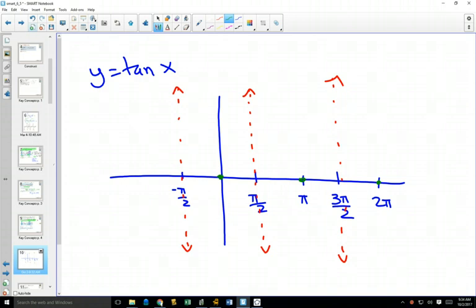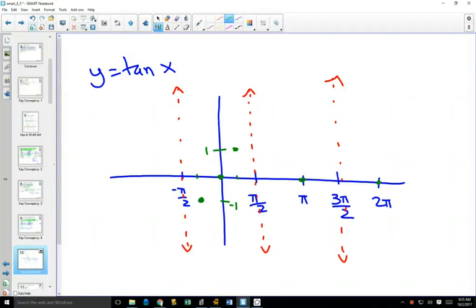Pi over 6 is root 3 over 3. It's not quite as nice. Tan of pi over 4. And can you see that pi over 4 would be halfway between 0 and pi over 2? And tan of pi over 4 is 1. And tan of negative pi over 4 is negative 1.